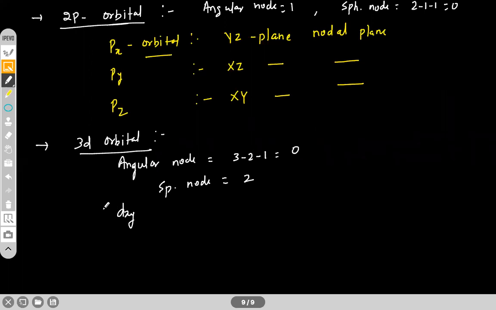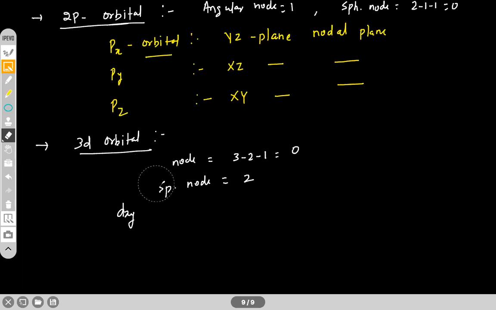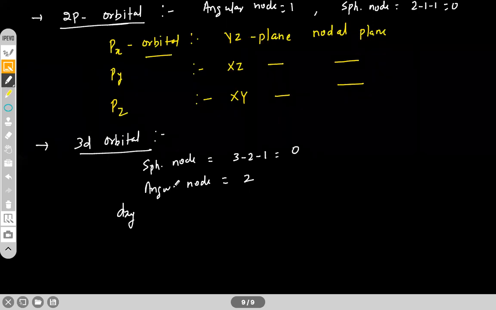Excuse me, sir, shouldn't the angular node be 2 and the spherical node be 3 minus 2 minus 1? Correct, I had written it by mistake. My bad. This is the spherical node and this one is angular. Correct: 2 angular nodes and 0 spherical nodes.